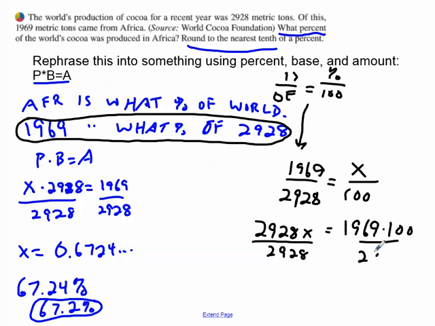This situation is similar to the one over here. We're just dividing by 2928, 1969. But over here, we're going to get a full percent, the descriptive percent.